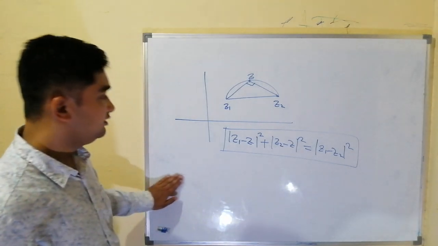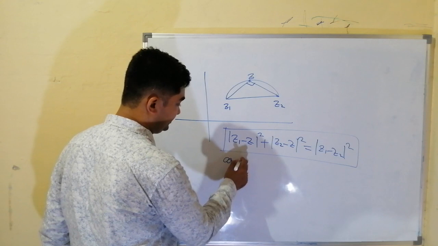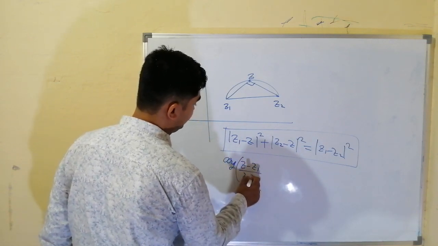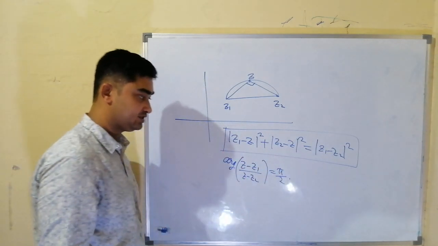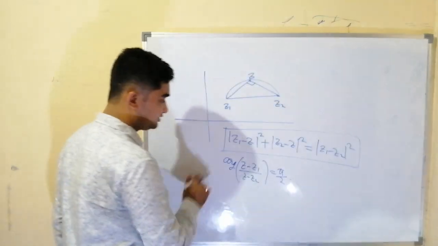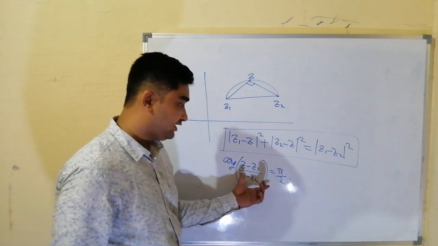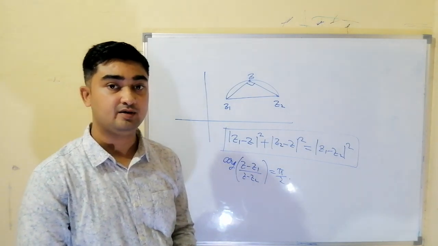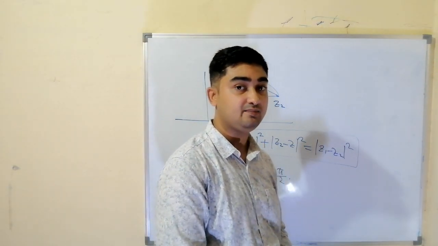Now similarly, we can also write it in another form. Just now we have seen argument of (Z minus Z1) upon (Z minus Z2) is equal to pi by 2. It is the equation of a semicircle because the angle is pi by 2. Now the argument of anything being pi by 2 means that thing is purely imaginary.